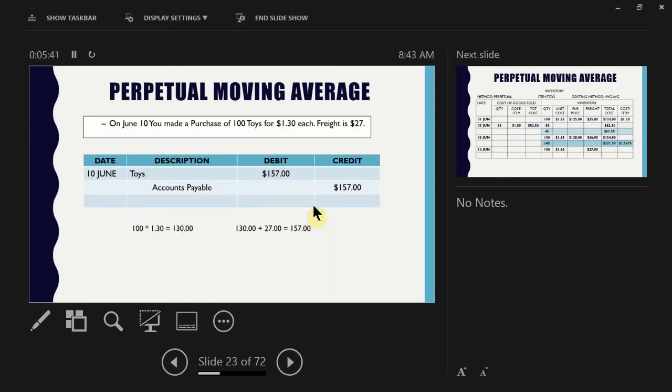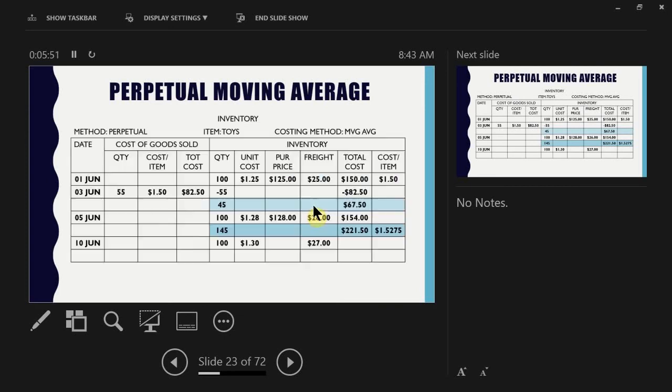Here, again, on June 10th, we made another purchase of 100 items. But this time it's $1.30 each, and my freight is going to be $27. So again, I plugged in here. I know it's going to be $130 for my total purchase price, plus $27, which makes it $157.